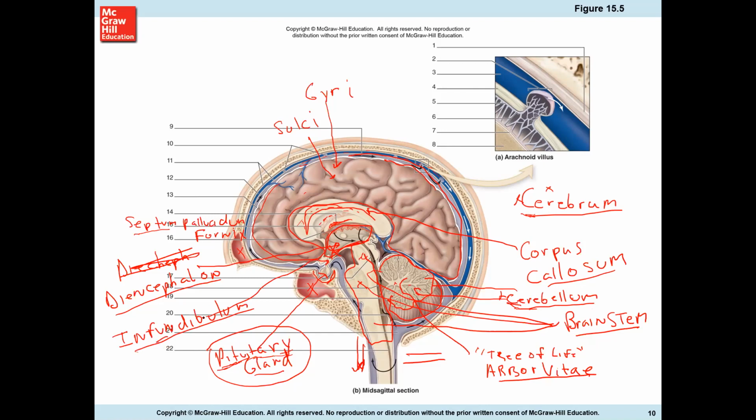It's a fun bag of hormones that is controlled by the hypothalamus, which is part of the diencephalon. Please don't get that wrong. That's really important. Because they used to call the pituitary the master gland, but the master gland has a master, and the master is the hypothalamus. Remember all those feedback mechanisms you did? Well, the hypothalamus controls a lot of that, along with this guy down here, the medulla oblongata.